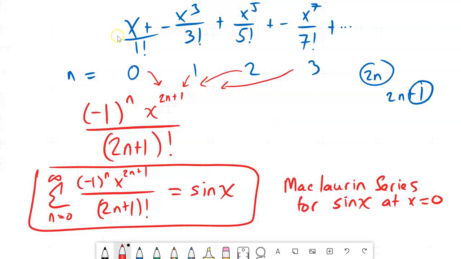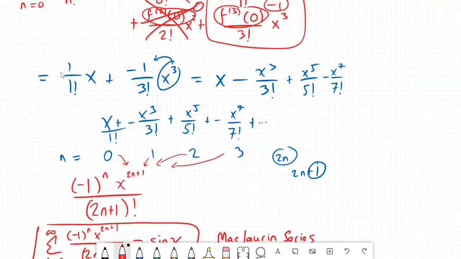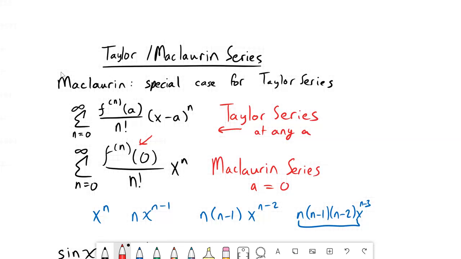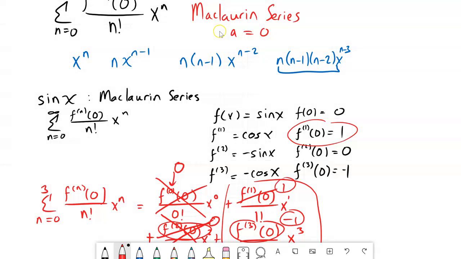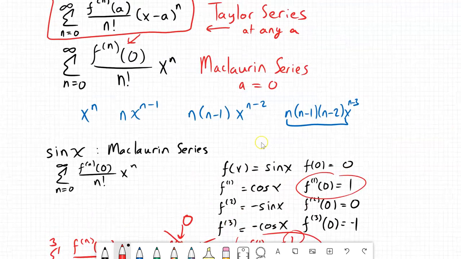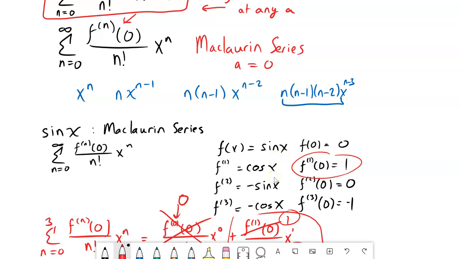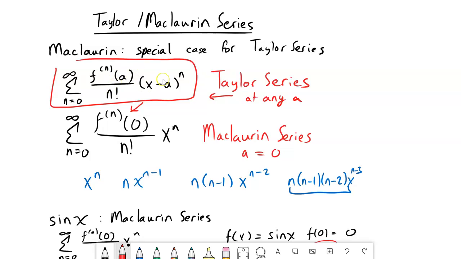We would have to use this formula at any value, and that might take a while, because the Taylor series is going to get harder to use than the Maclaurin series, because instead of plugging in 0, we have to plug in whatever value. Usually it's going to be something nice like pi or pi over 2, for example. But for other functions, it could be like 1 or 5 or -1. And we just simply plug it into the formula above. And then we can get a Taylor series.